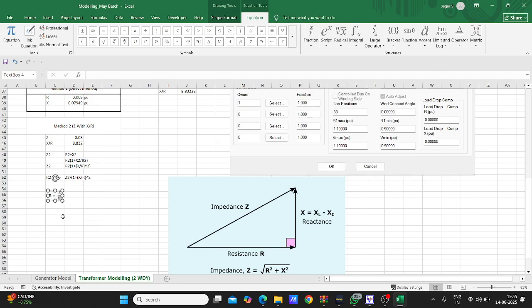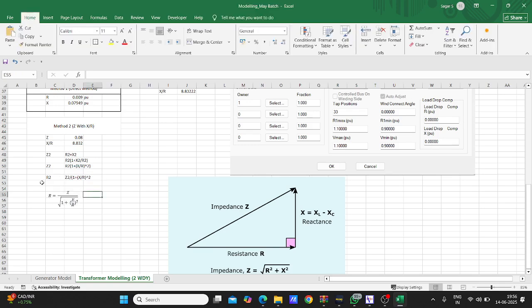Taking a square root, the square root will get cancelled, divided by square root of 1 plus X divided by R the whole square. Like this it will come. If you take a square root of both sides, then R is equal to Z divided by 1 plus X by R the whole square. Then we can easily find out what is R. If you check, we will match the results easily.